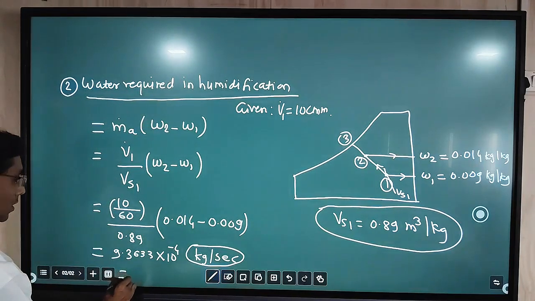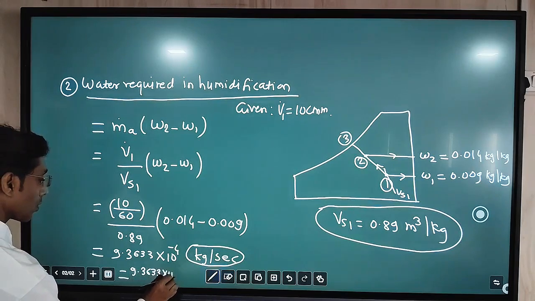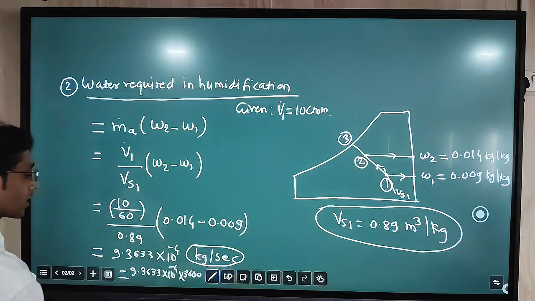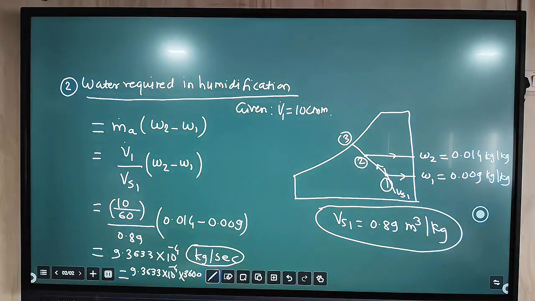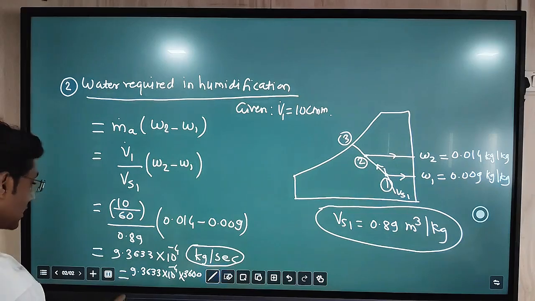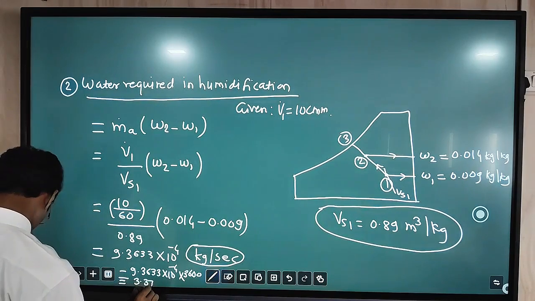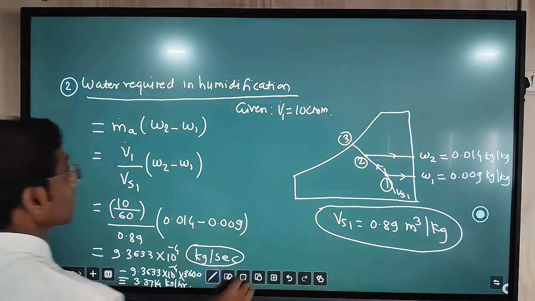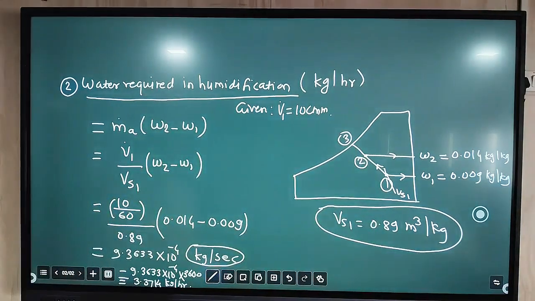So for that purpose we have to multiply this value with 3600. In 1 hour, seconds are 3600. So if you do this calculation, then we find the answer, that is 3.3714 kg per hour. So this is the second answer, that is water required in humidification process in kilogram per hour.